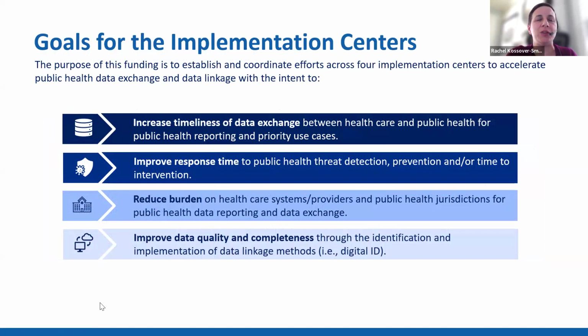And the goal is really to get the data to move faster, increasing the timeliness of data exchange between healthcare and public health for those public health reporting and priority use cases, improving response time to detecting public health threats, reducing the burden on healthcare systems and providers and public health jurisdictions themselves for public health reporting and data exchange processes, and improving data quality and completeness through various means.